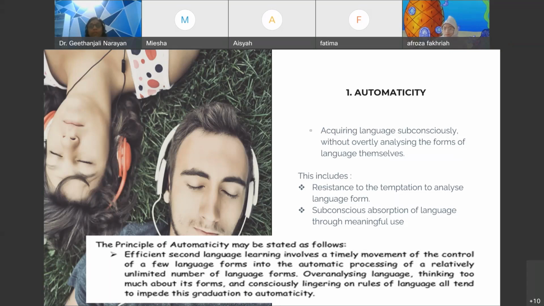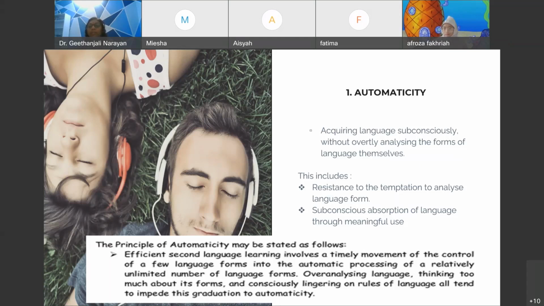So when you use the language, there is no filter that would stop you from saying what you want to say. It is a free flow of ideas. So this is what is called acquiring language subconsciously. You learn it, but that doesn't overpower the usage of the language. You don't think too much of it.